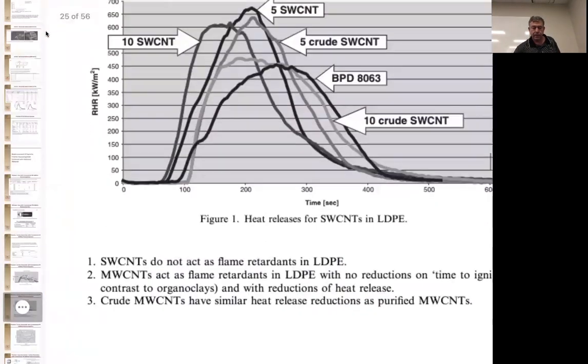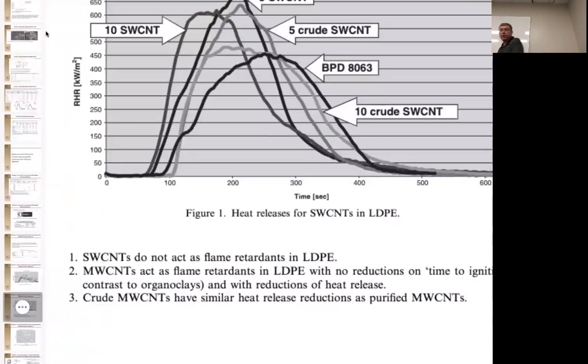And then the crude multi-walled carbon nanotubes have the same heat release reductions as the purified. So to them, the crude and the purified multi-walled carbon nanotubes work the same, which makes sense because we're looking at it for its bulk property, not the little stuff hanging off the outside of it. It doesn't matter.